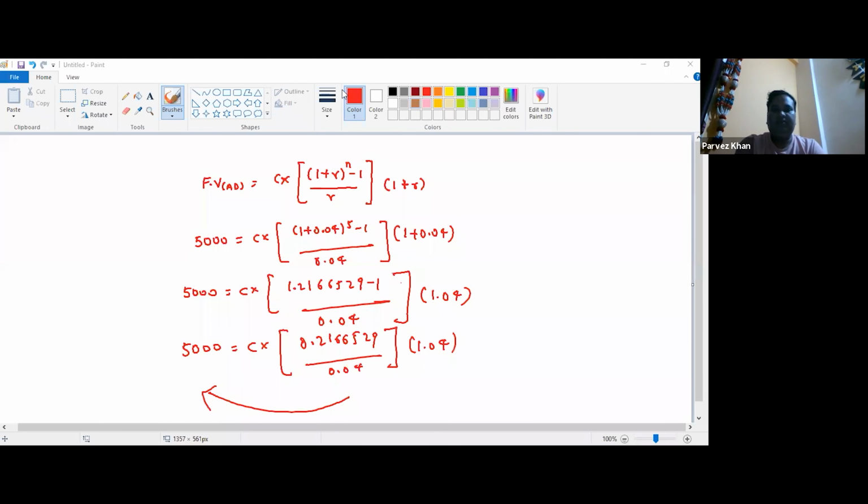It's 887.63. 28,164 you won't get. Please check. Now somebody has posted 887.63. Yeah, maximum people are getting 887, which is logical. 5,000 rupees only you have to save in 5 years.